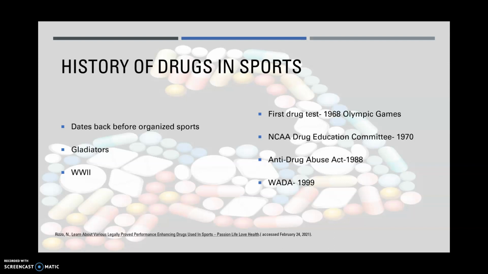In World War II, soldiers were given anabolic stimulants to increase their aggressiveness, alertness, and their endurance. The US, Germany, Britain, and Japan used this on all of their soldiers, and many deaths were related to their intake of these drugs.